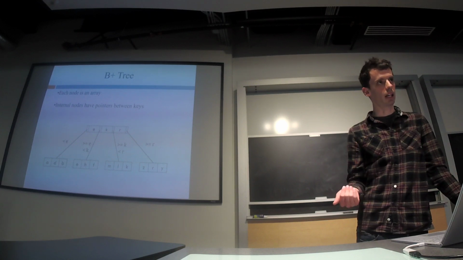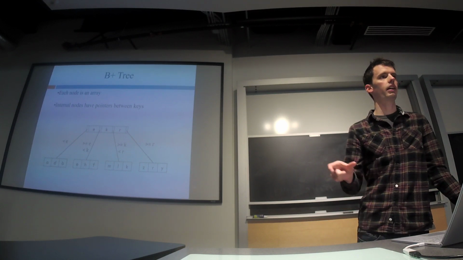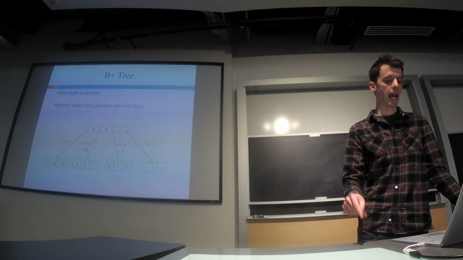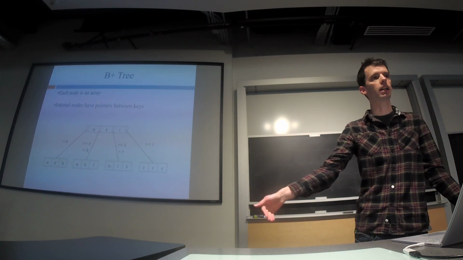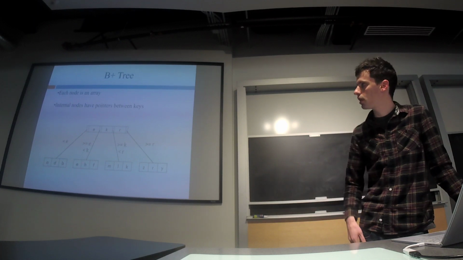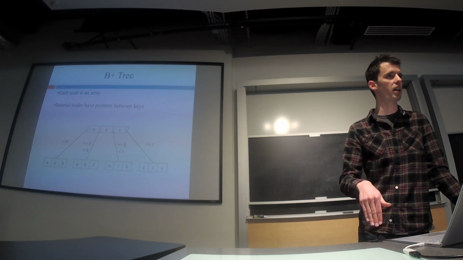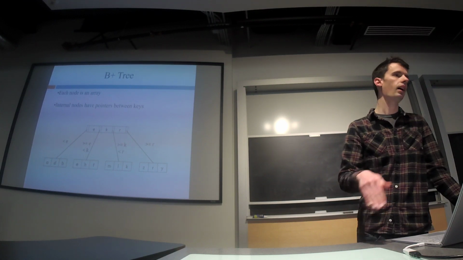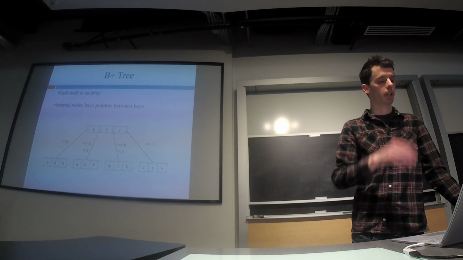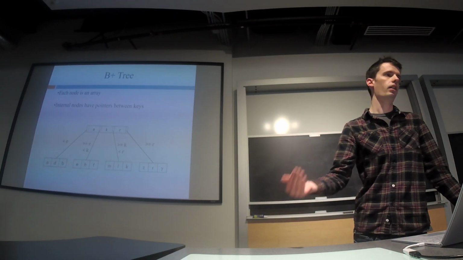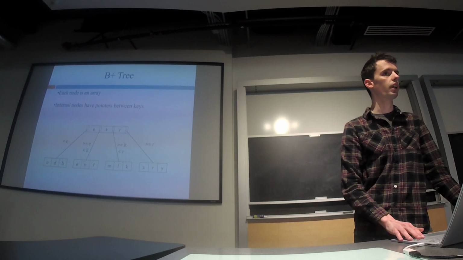To the right of a key is greater than or equal to the key, so that "or equal to" part is important, and less than whatever the next key is. So this one, let's look at in between E and K. That means anything following that branch is greater than or equal to E and less than K. And then the one on the far right is just greater than or equal to R. Okay.